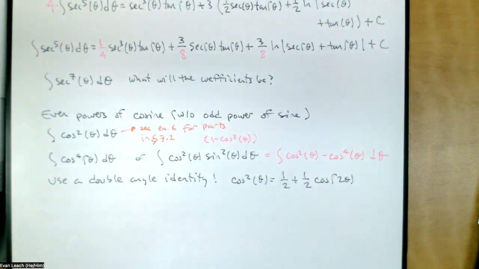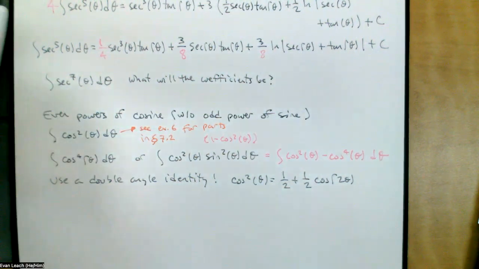We're going to replace a cosine squared with a half plus a half cosine of 2 theta. This is not the base model of the double angle identity. The base model of the double angle identity we're using is cosine squared minus sine squared equals cosine of 2 theta. So that's the base model double angle identity in play here.